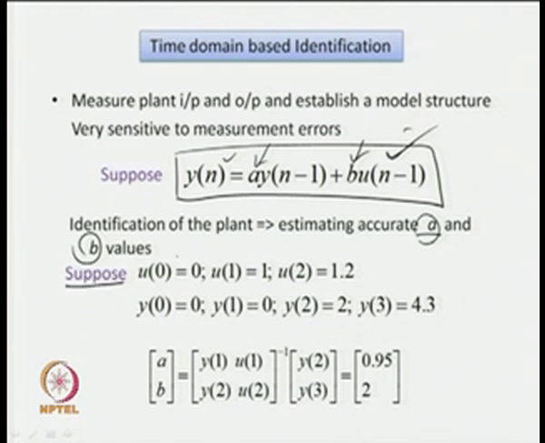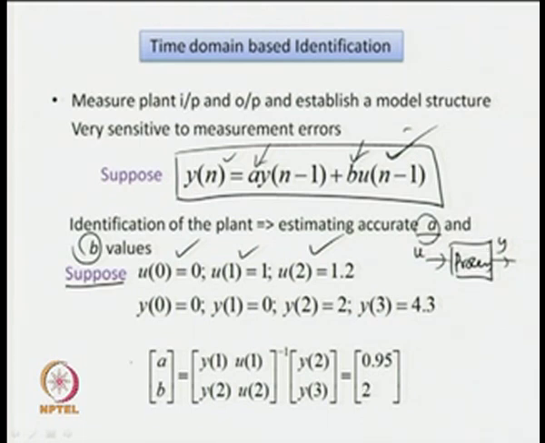Now, suppose u(0), the input to the process, is 0, u(1) is 1 and u(2) is equal to 1.2. Again, we have the process here; the process inputs are denoted by u and the outputs are denoted by y.